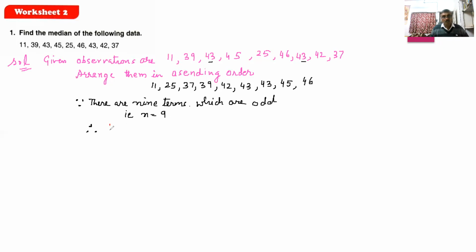Median is equal to (n plus 1) by 2th observation. 9 plus 1 means 10, divided by 2, observation.